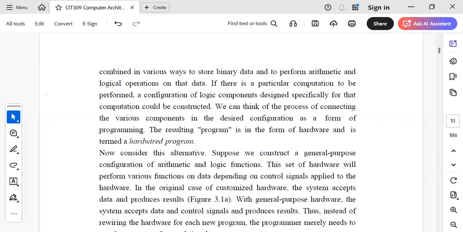When you are programming, what you are actually doing is giving out a program that will solve a problem. That program becomes a solution. So the result is a program, and it's in the form of hardware, and is termed a hardwired program. The idea of architecture is that we are not talking of software like designing an app. We are talking of designing hardware for a particular problem.